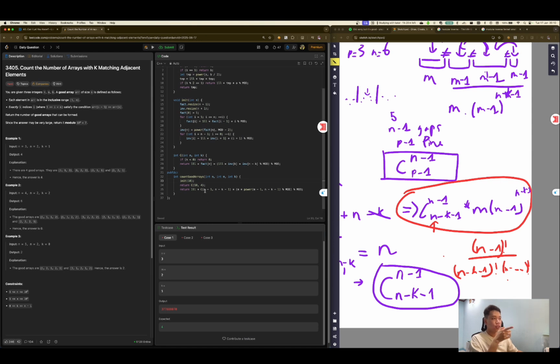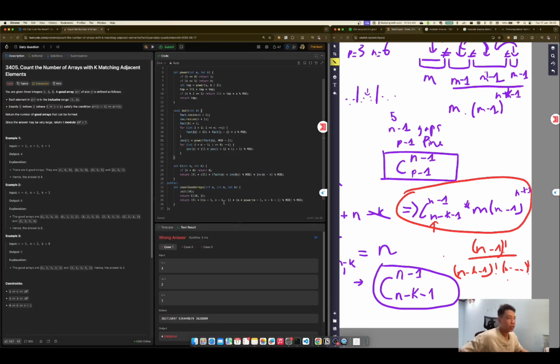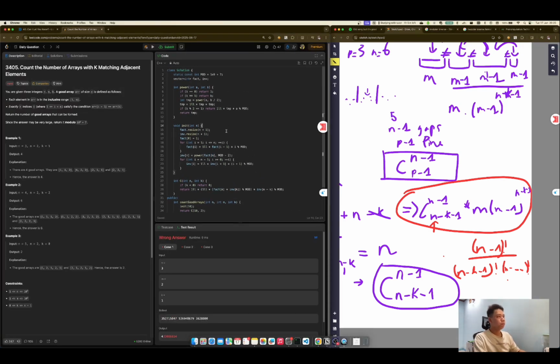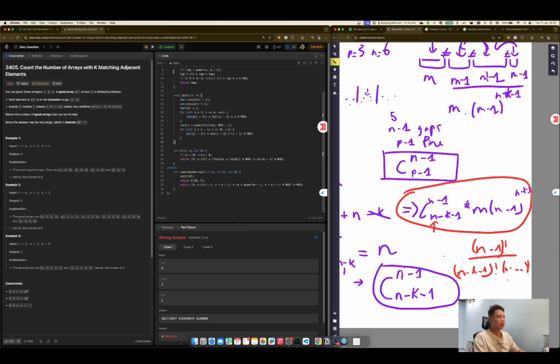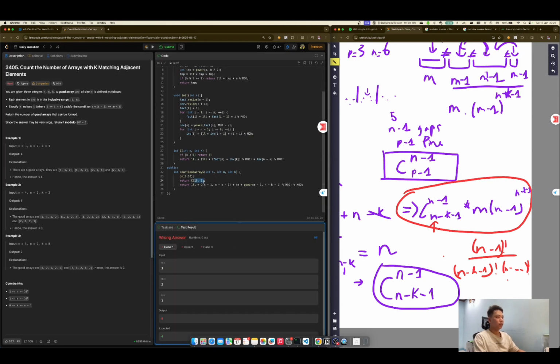Oh, it's wrong. You can see it's wrong, so maybe there's some bug here. Okay, continue. There's my mistake here. It must return a. It's a silly mistake. If it returned something like 0, it's wrong.